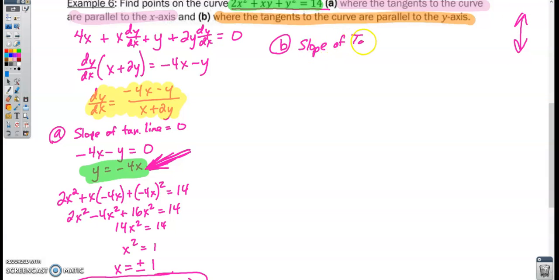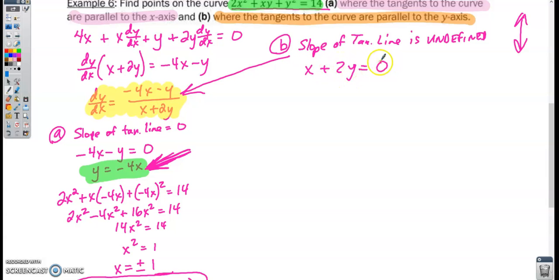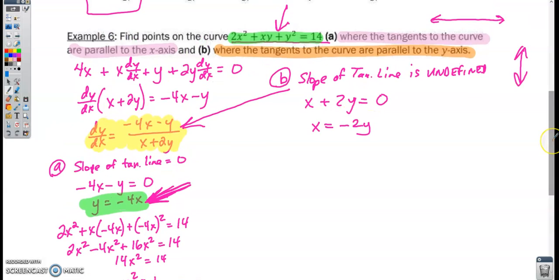So the slope of the tangent line is undefined in part B. In order to make this derivative undefined, I need the denominator of the derivative to be equal to 0. And that establishes my relationship between x and y in part B. I solve this for x because it's the easier of the two variables to solve for. I get x equals negative 2y.